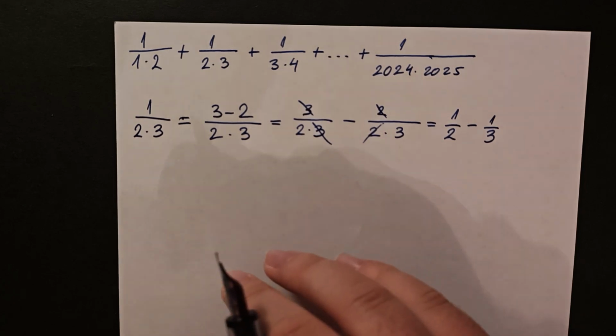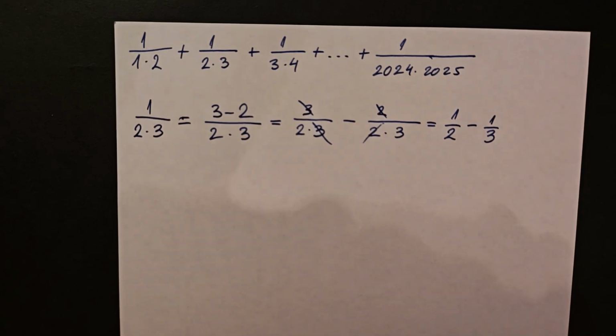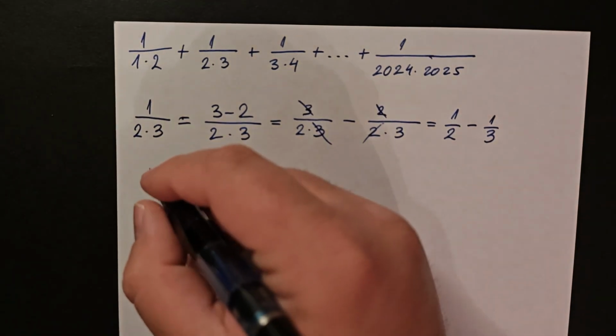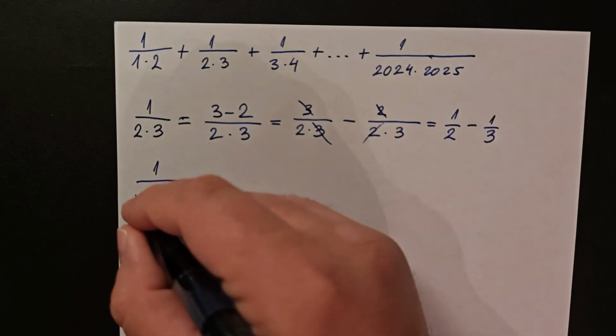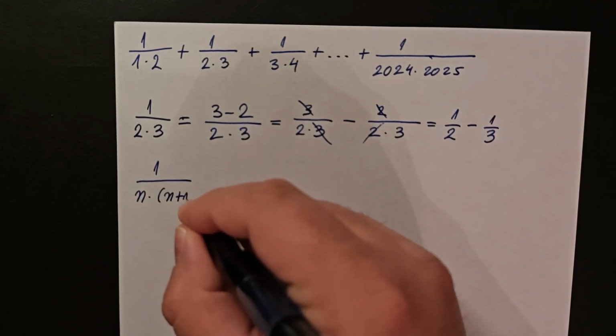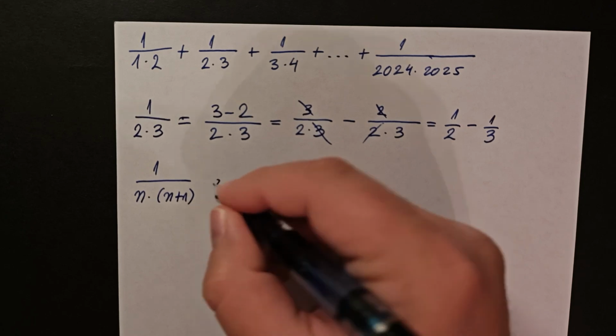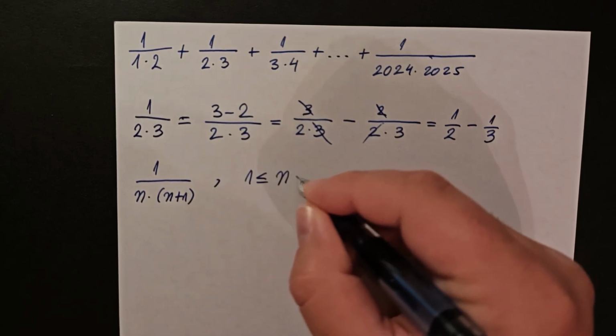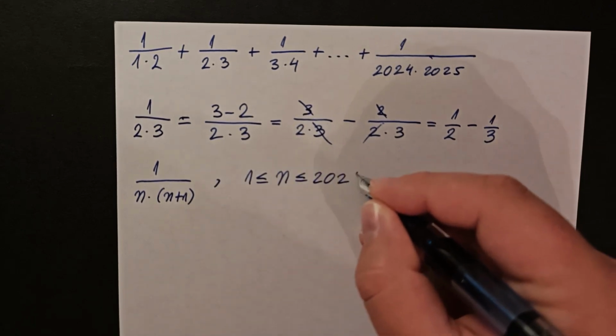We can now ask a question: is this idea going to work for all the terms which we have in our sum? As you can see, the general term of our sum is 1 divided by n multiplied by n plus 1, where this number n goes from 1 to 2024.